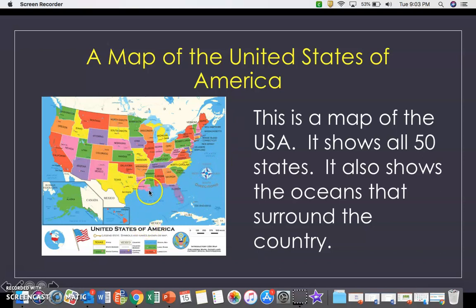Here's the Gulf of Mexico, and then the Pacific Ocean. We also have our compass rose that shows us directions of where each state is. And then down here is the map key that shows us all the different things that are on our map.